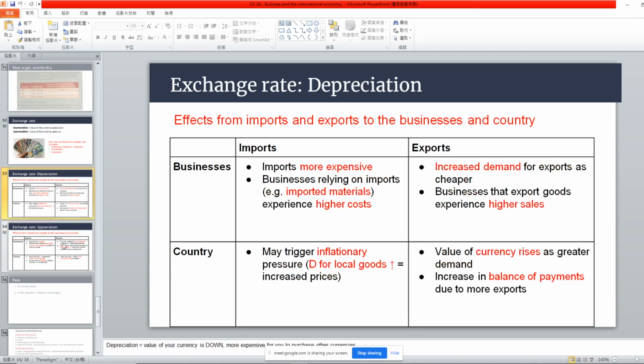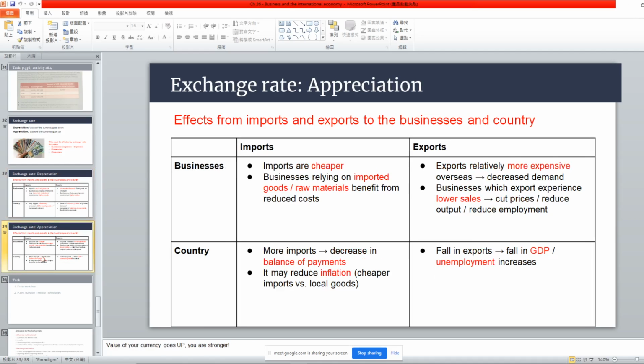So it's just the opposite. For the exporting industries, it's going to be bad for them when we have an appreciation in the exchange rate. When the export industries have lower sales, they might have to use some different strategies to boost sales.